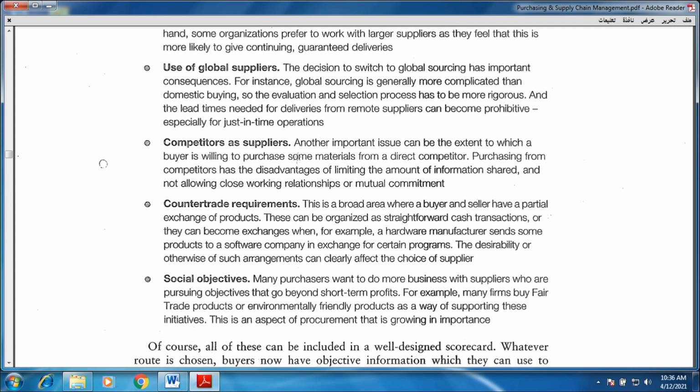We feel risk sometimes when we are dealing with certain suppliers. They could compete with us in the future. They can give information that we share with them to other competitors. So we are not feeling at peace when we are building a relationship with certain suppliers.